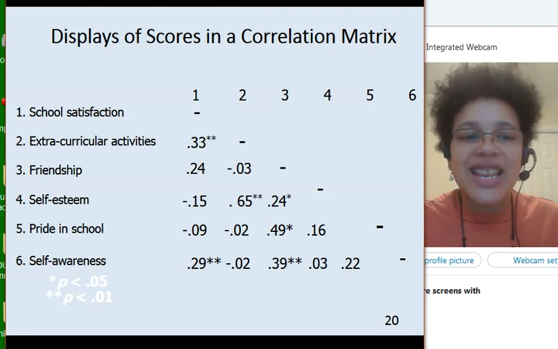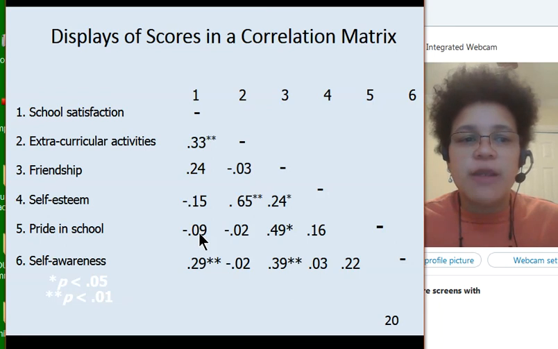So we have a negative correlation there. There was a very slight negative correlation between school satisfaction and the level of pride in the school. I'd say that's about 0 correlation there. And there is a positive correlation between self-awareness and satisfaction in the school.